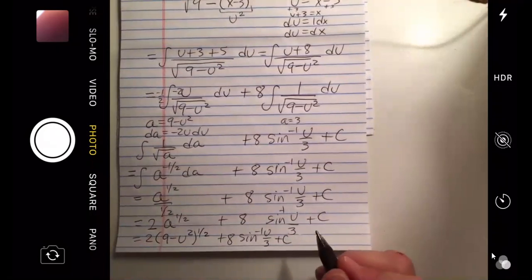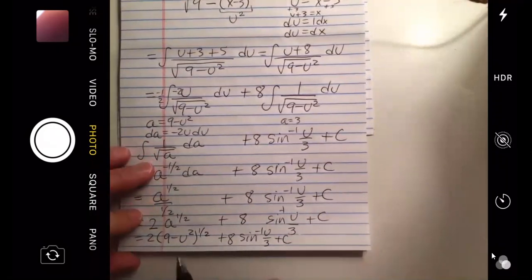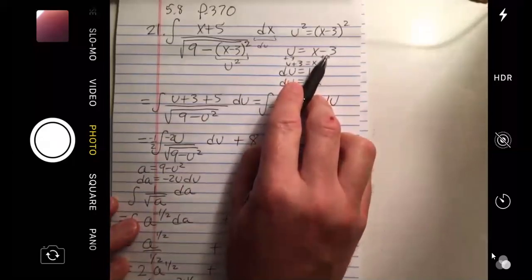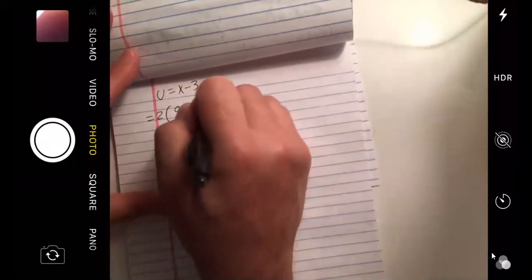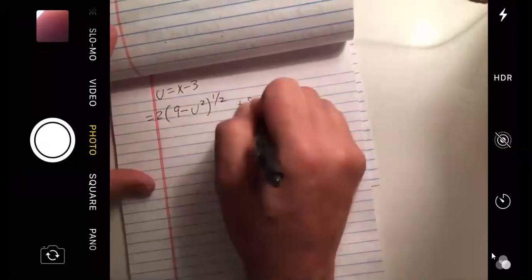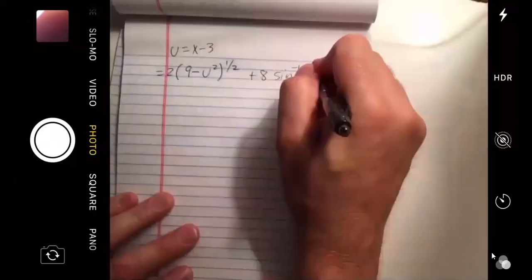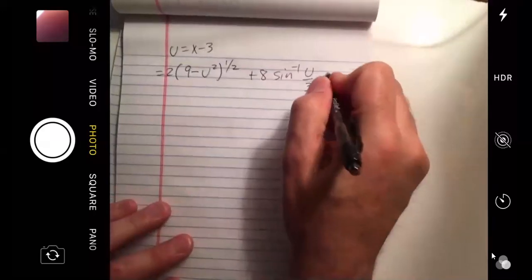One more move and I'm out of this page. So on the next page, I'm going to stick in for the u, and the u was x minus 3. I've got 2 times 9 minus u squared to the 1/2, add 8 arc sine u over 3 plus c.